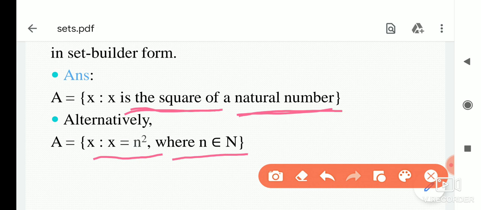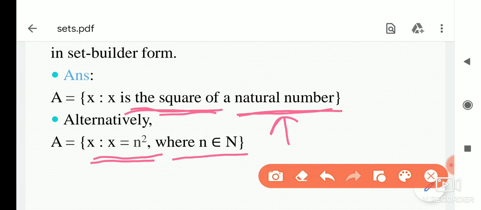So these 2 things you have to remember. Different types of numbers you should know. You can make notes of different types of numbers on a single page and try to remember them. Alternatively, instead of in words, you can write it in equation or symbolic form also.